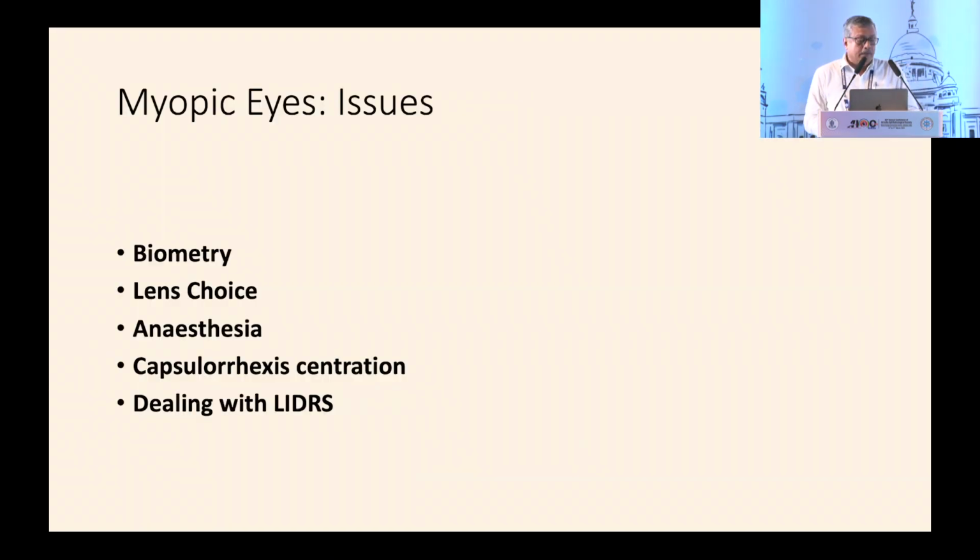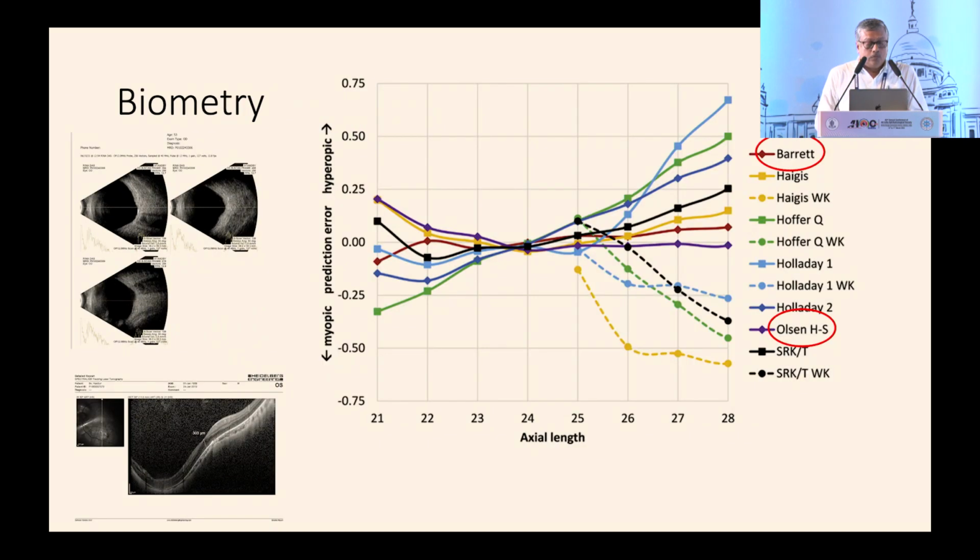So in myopic eyes, the issues are biometry, lens choice, anesthesia, capsular rhexis centration, and dealing with LIDRS. So in extreme degree of myopia, we have seen that only Barrett and Olsen, these are the two formulas which give consistently good results across all the axial lengths starting from 21 millimeter to 28 millimeter.